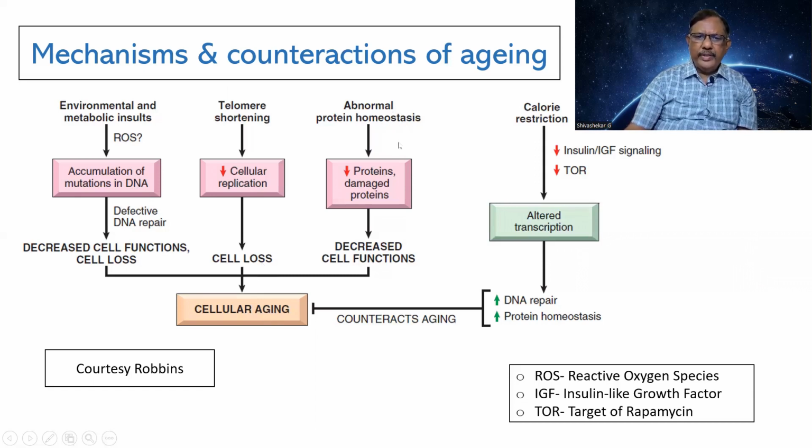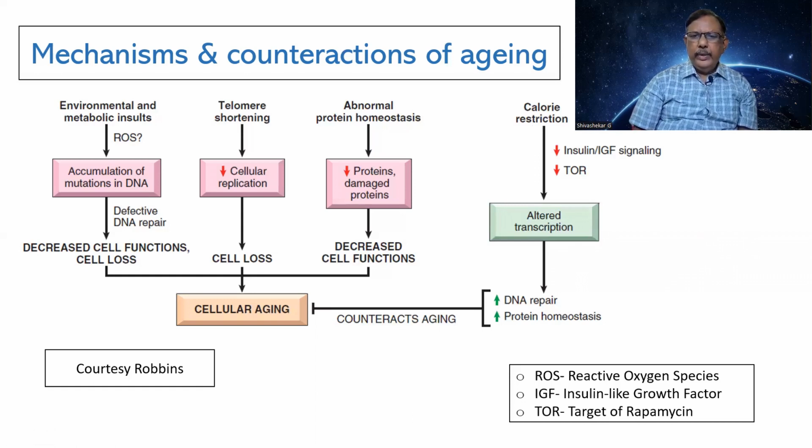Abnormal protein homeostasis, decreased amount of proteins or damaged proteins, leading to damaged and decreased functions. All of this can lead to cellular aging. On the contrary, there can be some corrective mechanisms such as restriction of calories, decreased insulin, and decreased insulin-like growth factor or TOR, target of rapamycin.